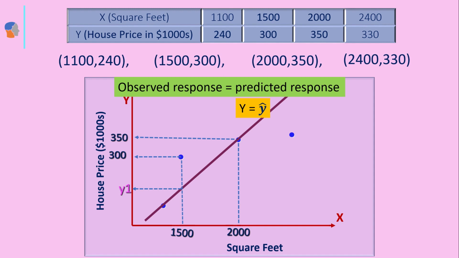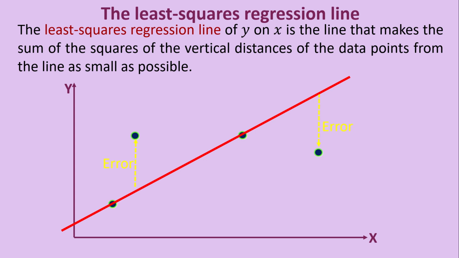Now let me explain how to estimate beta naught and beta 1. We use this method which is called the least squares regression line. The least squares regression line of y on x is the line that makes the sum of the squares of the vertical distances of the data points from the line as small as possible.